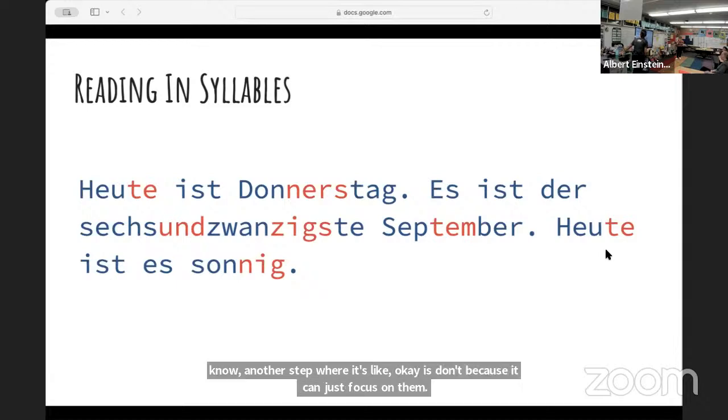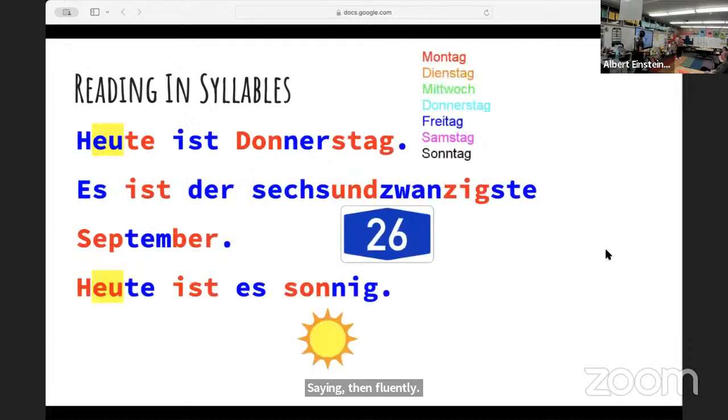And then the next step would be we are adding pictures to it. Okay, heute ist Donnerstag. Montag, Dienstag, Mittwoch, Donnerstag, Freitag, Samstag, Donnerstag.